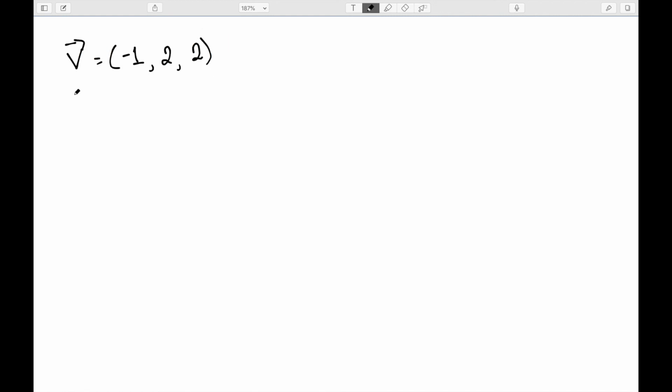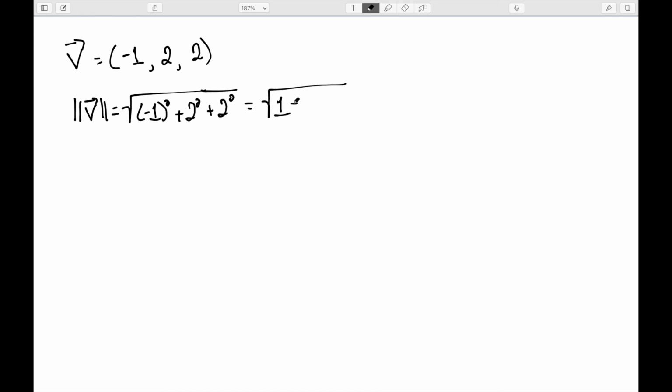As an example, let's consider the vector -1, 2, 2, and I want to find a unit vector u that has the same direction as v. I'm going to start by finding the length of v. This would be the square root of -1 squared plus 2 squared plus 2 squared. That's the square root of 1 plus 4 plus 4, or the square root of 9, which is 3.